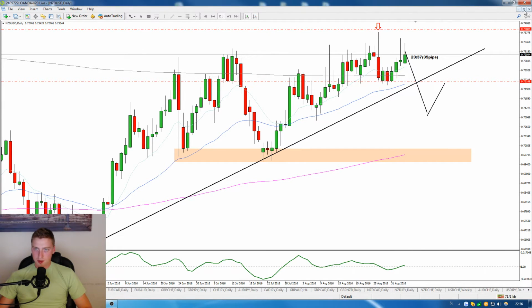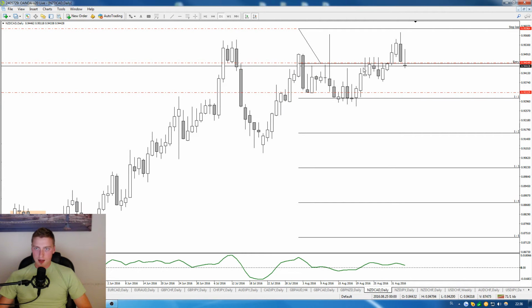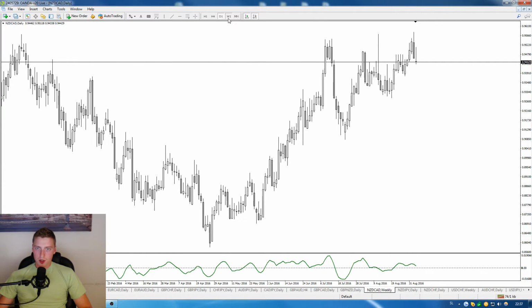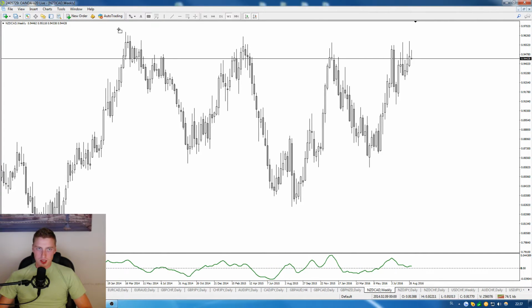So that's it for New Zealand. CAD, I have actually entered this trade. I'm actually in two trades on New Zealand CAD. Let's clean the charts. We're at a weekly resistance. Many people think that the more touches the better it is, but this is not true.